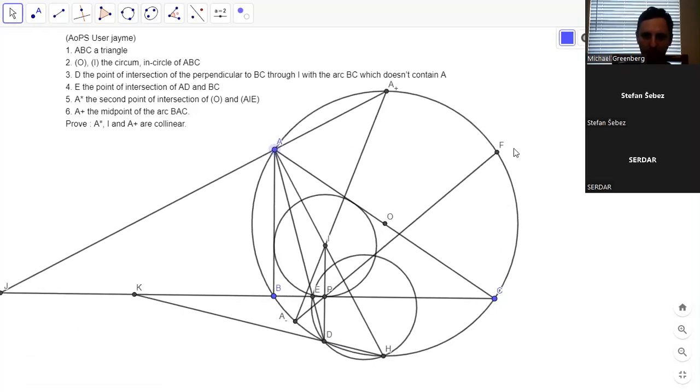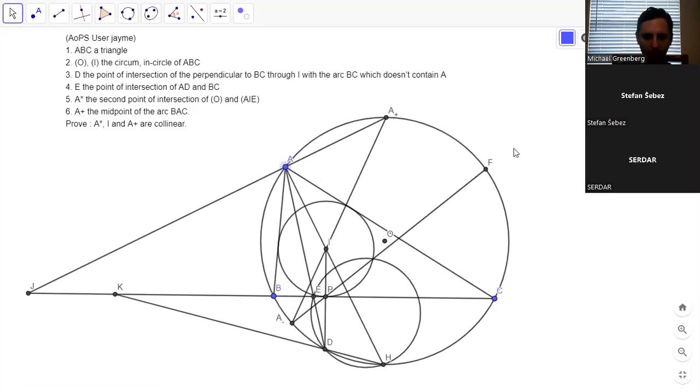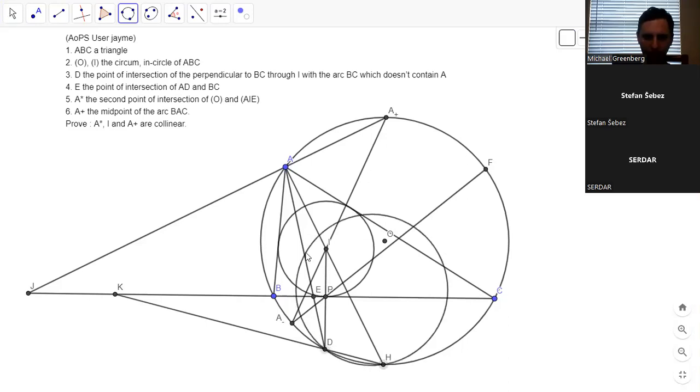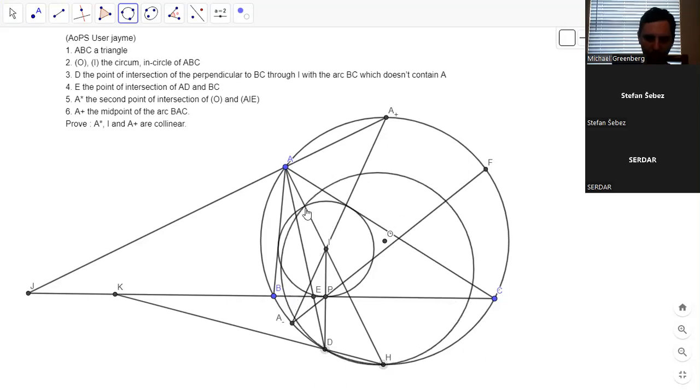No. Yeah, no. Or maybe I could draw it through DH in the midpoint.